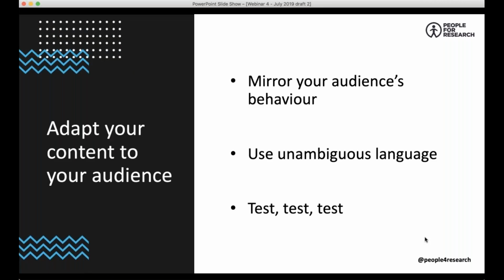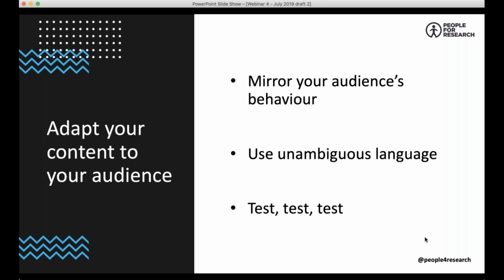So the first rule is adapting your content to your audience. And these may all sound very obvious, but I'm going to go into them a bit more to share a few more practical tips on how we apply these. So mirroring your audience's behavior when you're communicating with them, and this is particularly important for vulnerable audiences, for example.